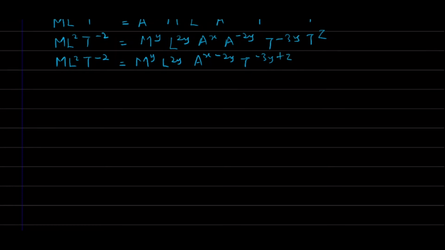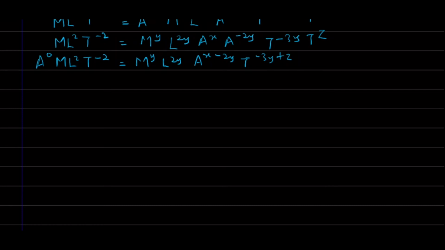With this, we can compare both sides of the equation. But before we compare, we have to check that on the left hand side we have MLT, and on the right hand side we have MLAT. That means A is missing. We can bring it in by raising it to the power of 0, because raising to the power of 0 still makes it 1, and we get the original value back.